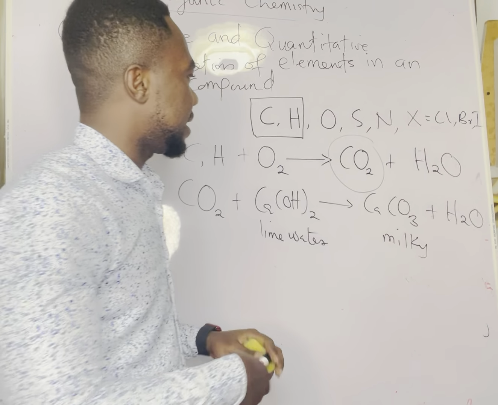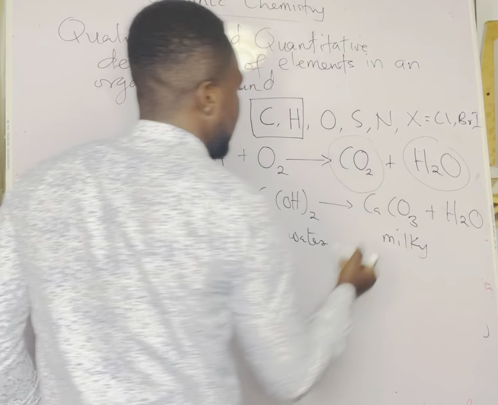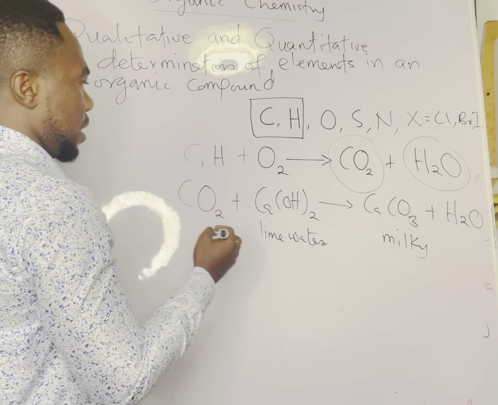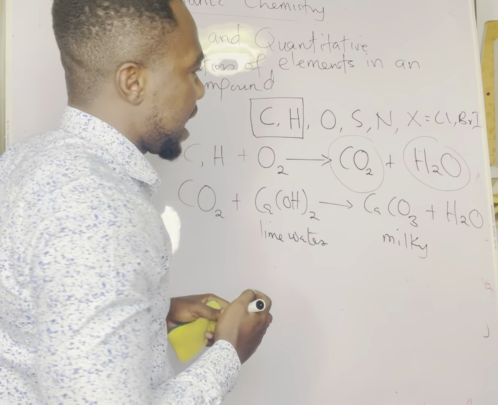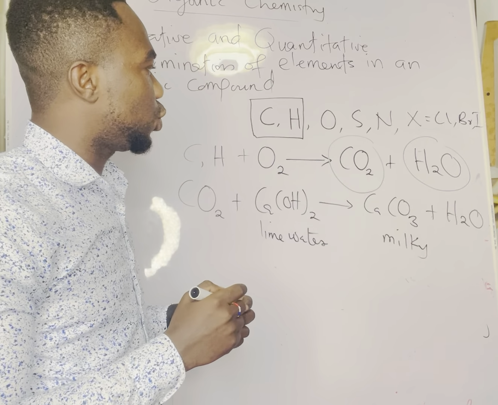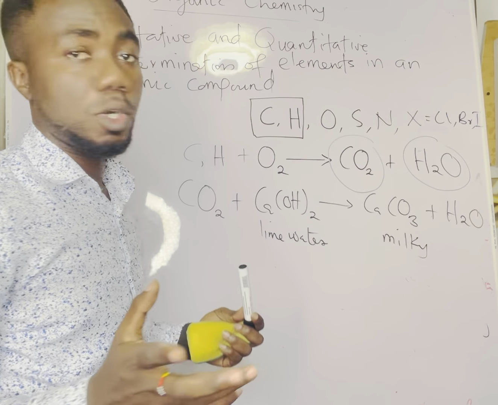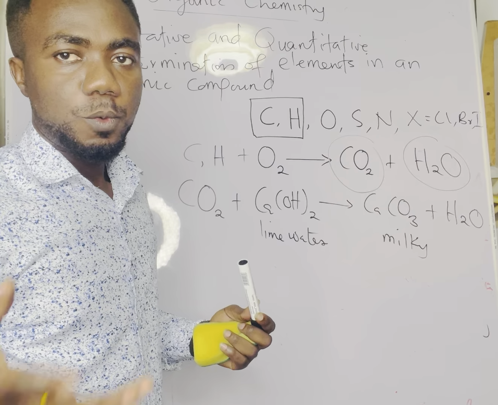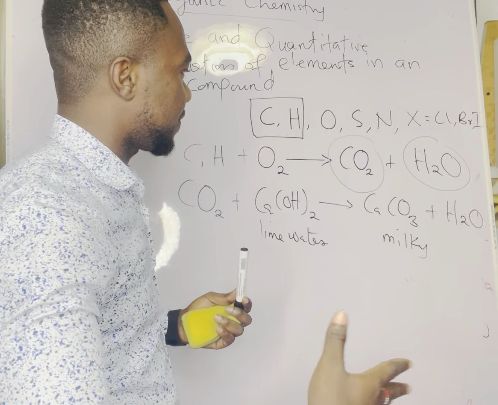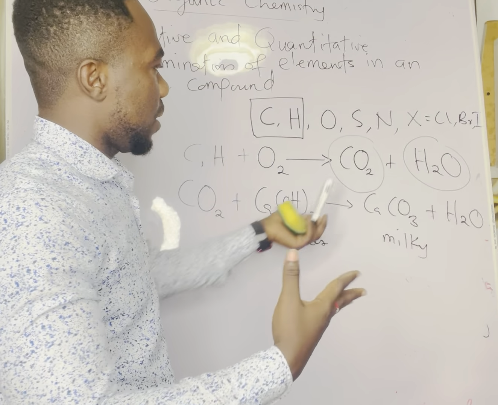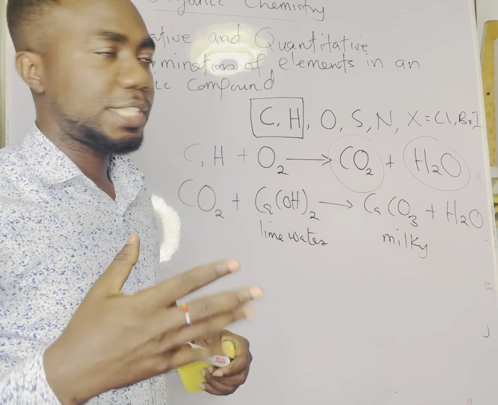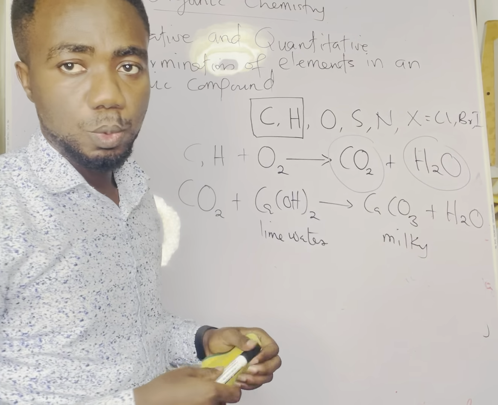To test for water, you need to get white anhydrous copper 2 sulfate, or cobalt 2 chloride. When water is added to white anhydrous copper 2 sulfate, it will change to blue.